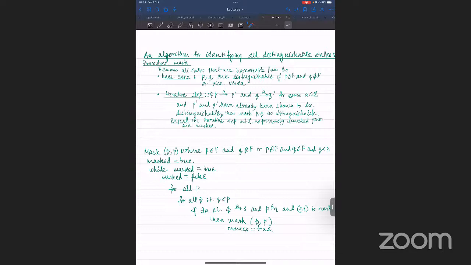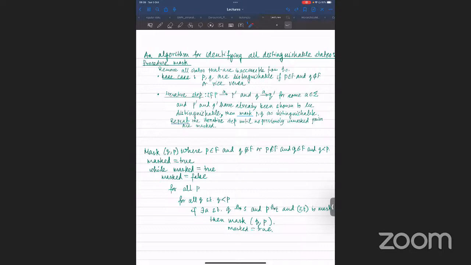A new pair of states has to be marked. Yes. So it should terminate, right?